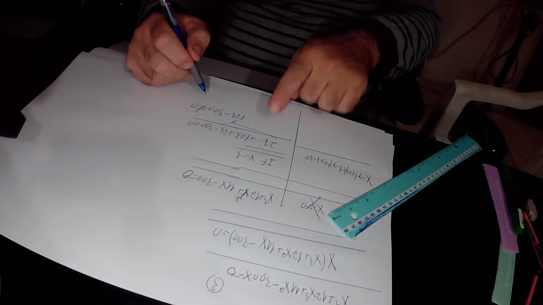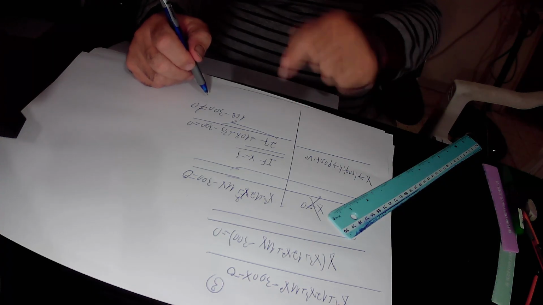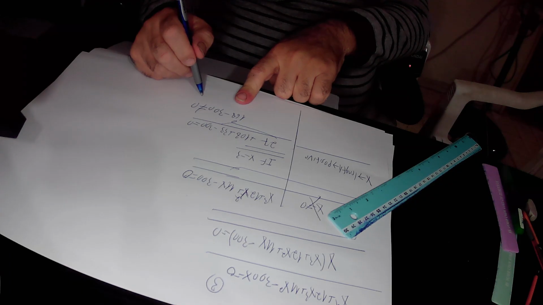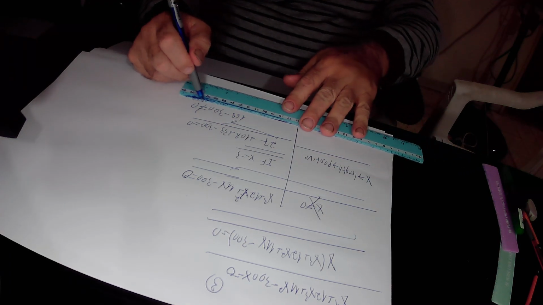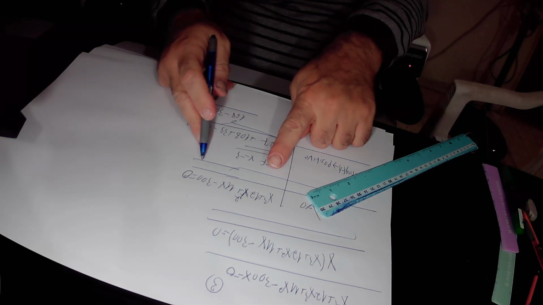So x equals to 3 doesn't solve this equation. So x cannot be equal to 3, because the left side of the equation is not equal to the right side of the equation. The next step, we check if x equals to 4 solves this equation.